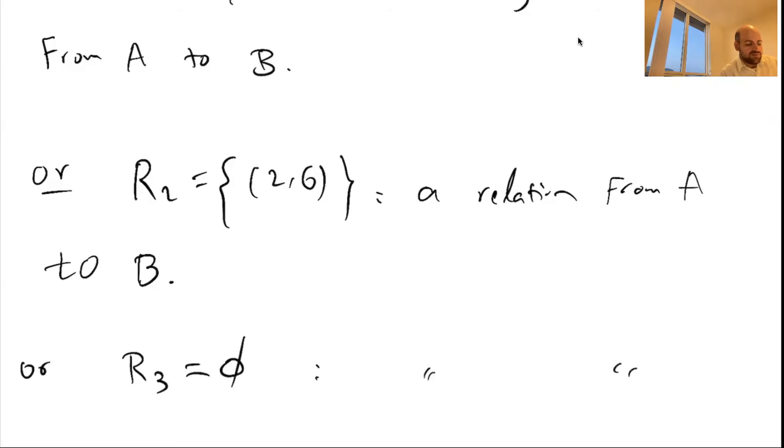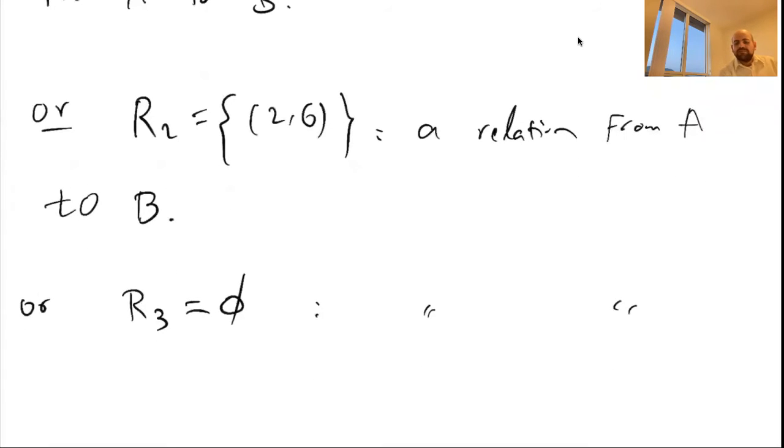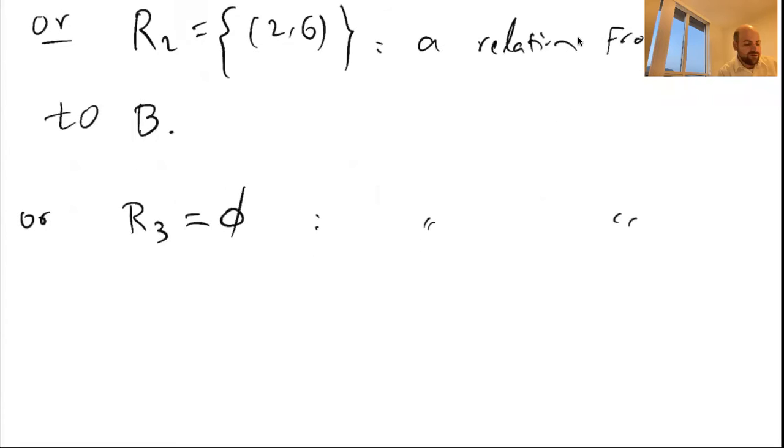This is also a relation from A to B, because the empty set is a subset of every set, and therefore is a subset of A cross B.